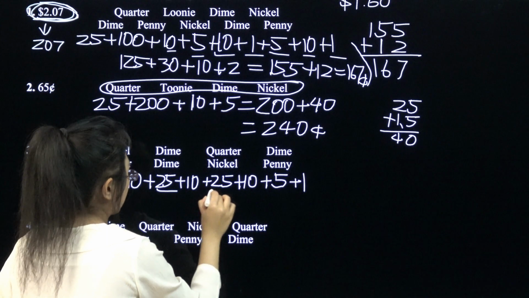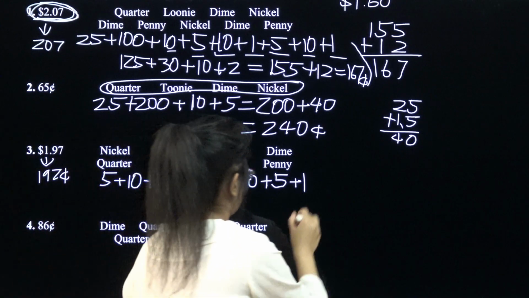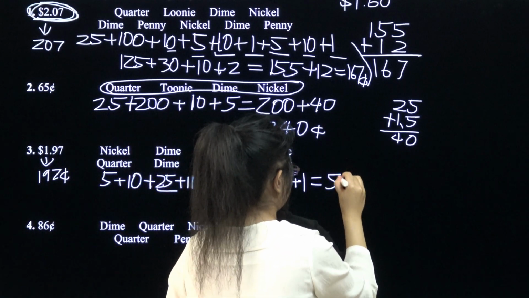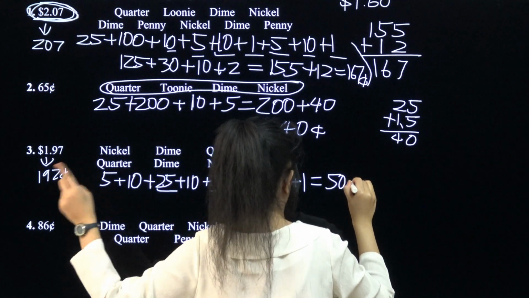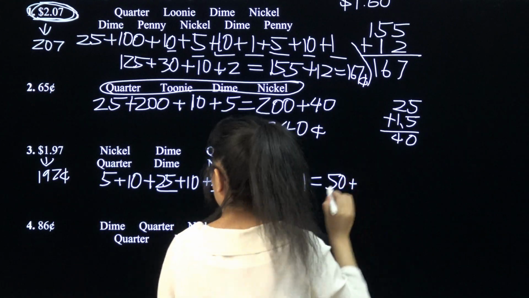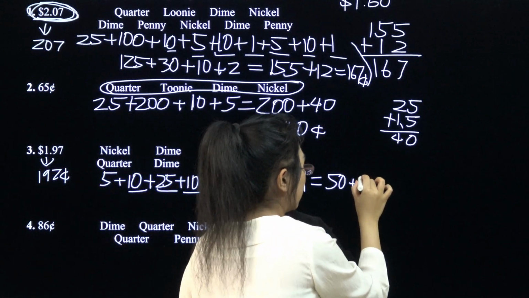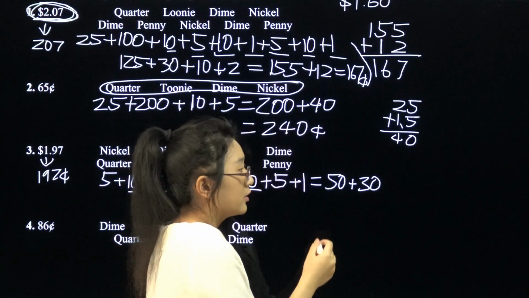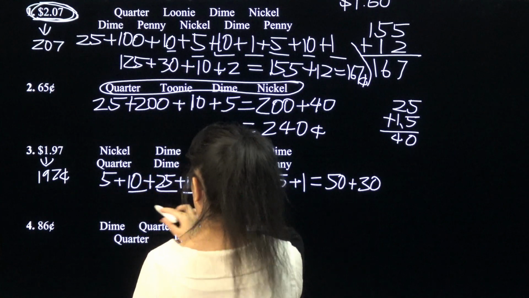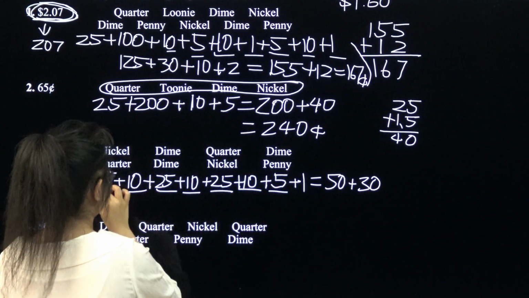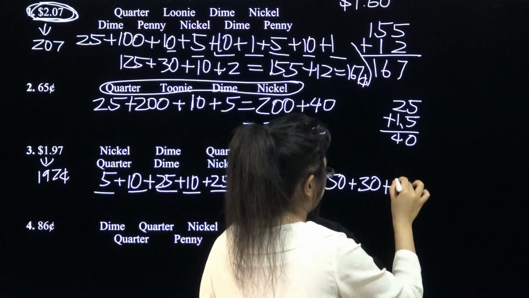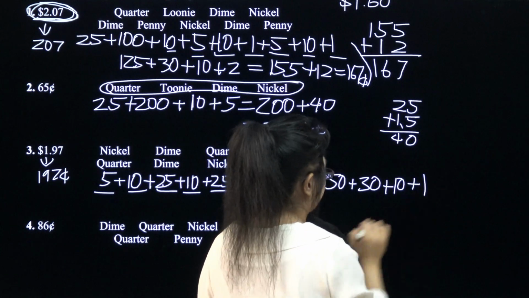So that's 2 25s, which is 50, because 25, 50, plus that's 1, 2, 3, 3 tens, which is 10, 20, 30. And then there's 2 5s, which is just 10. And then there's 1.